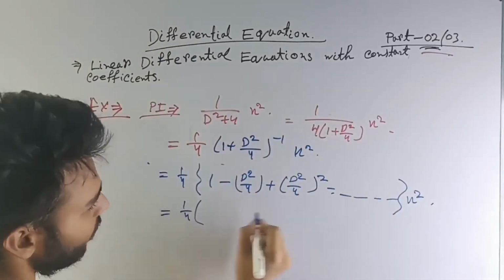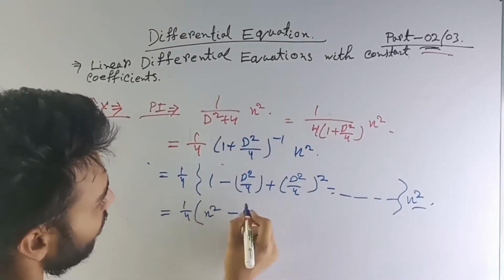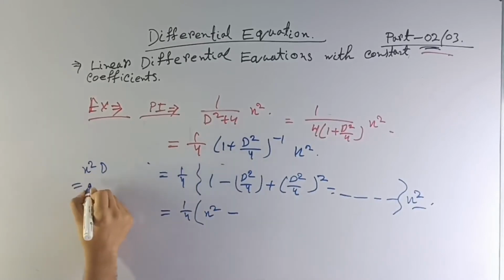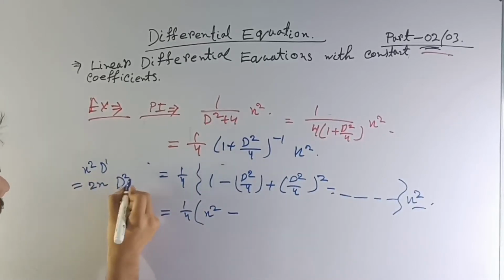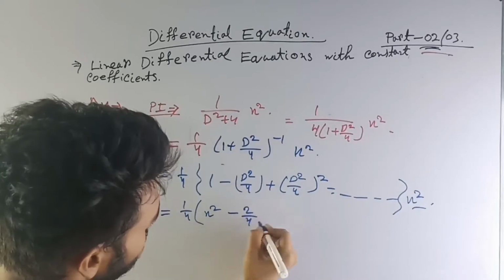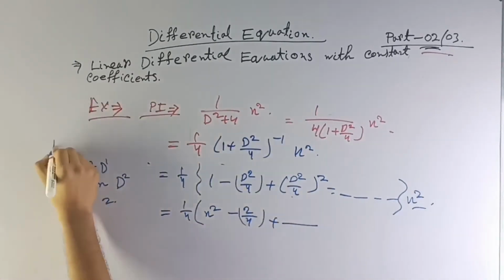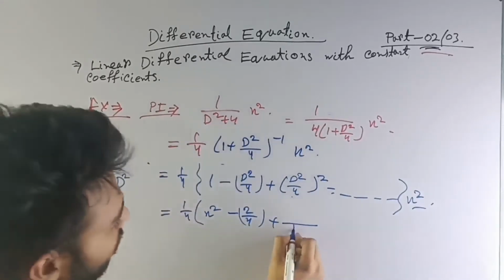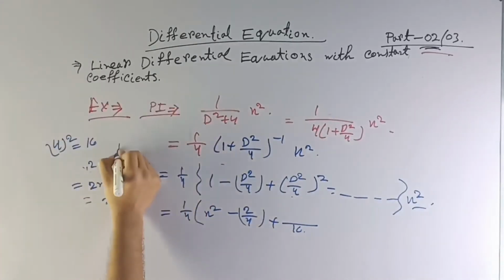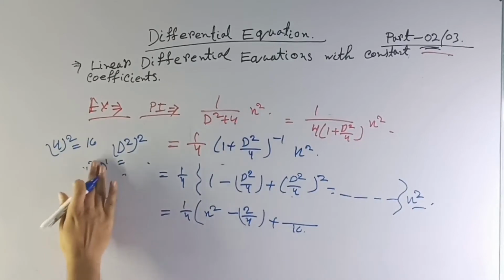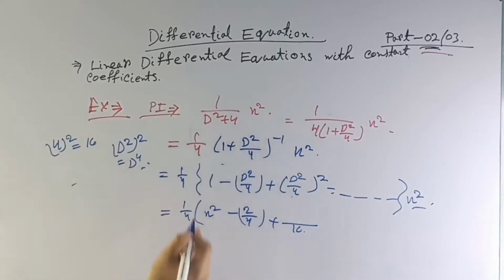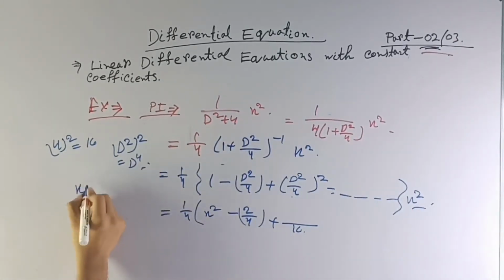So the answer is 1 by 4 times of x square minus, so now x square of D1, that means 2x, and also D, so 2 by 4 plus, that means also 4 square, and the numerator is D square of D square whole square, that means D to the power 4.